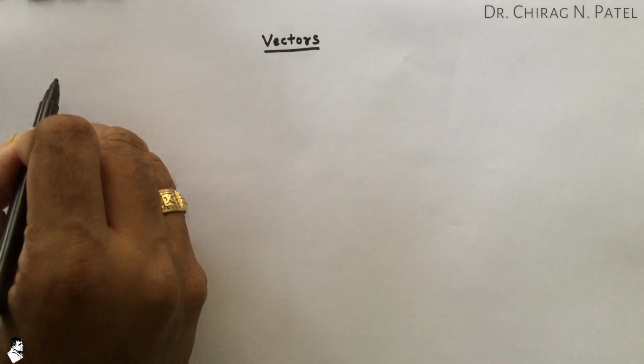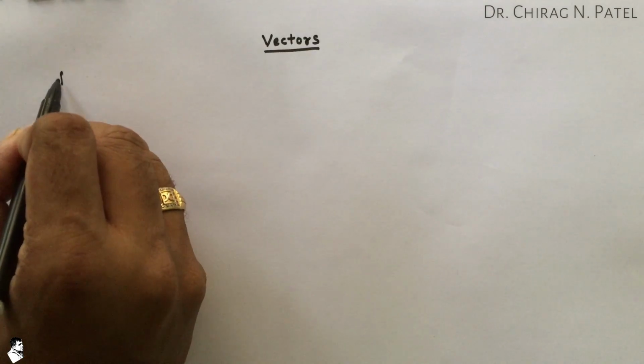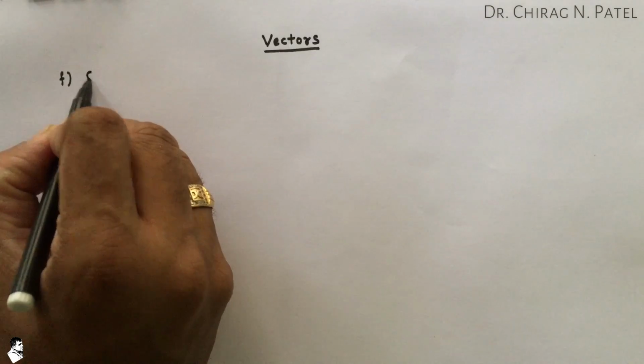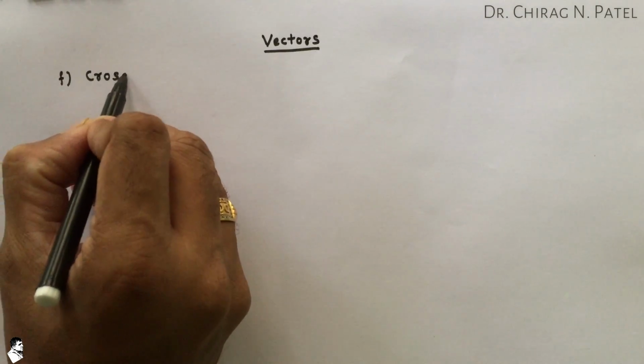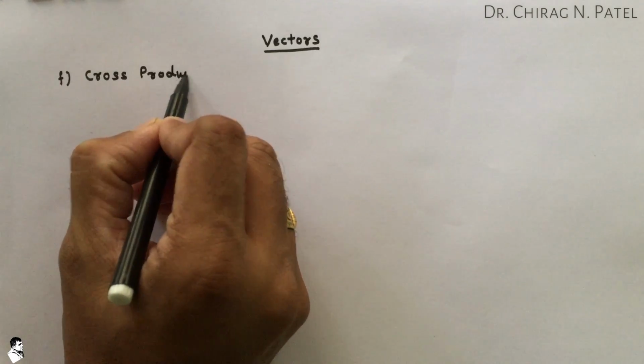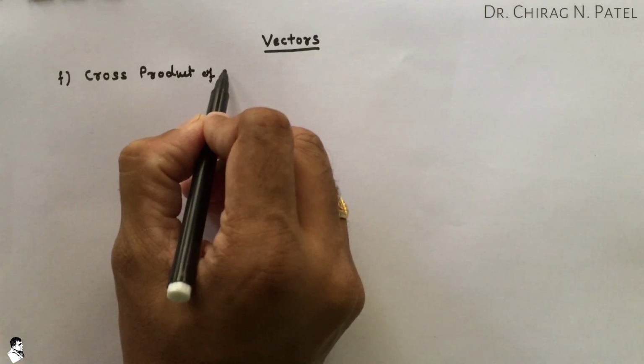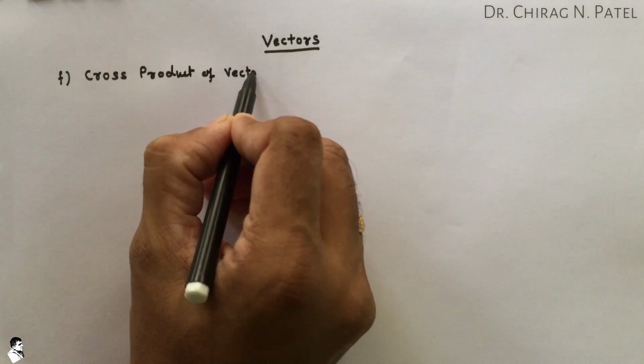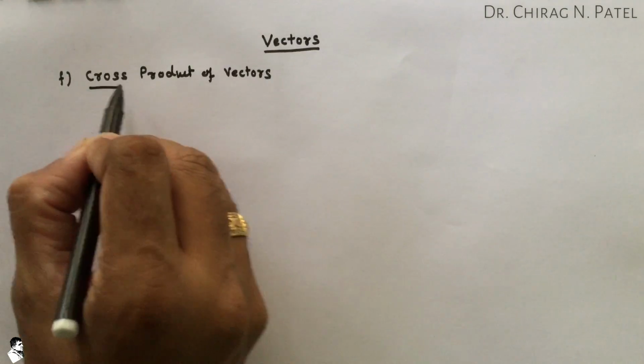Now we move ahead with the last important point, that is the cross product of vectors.